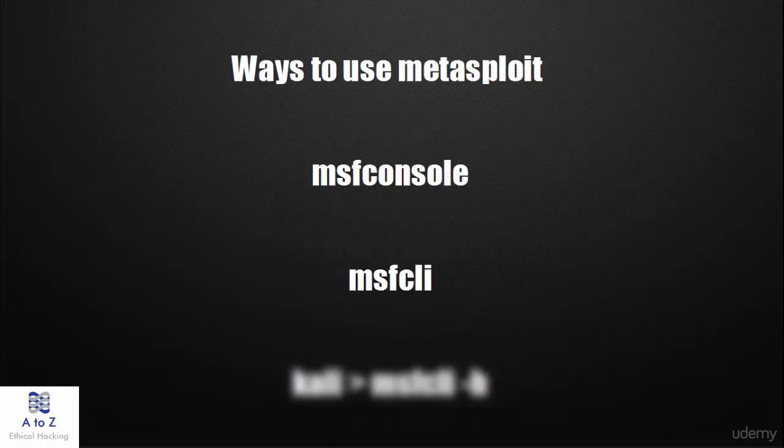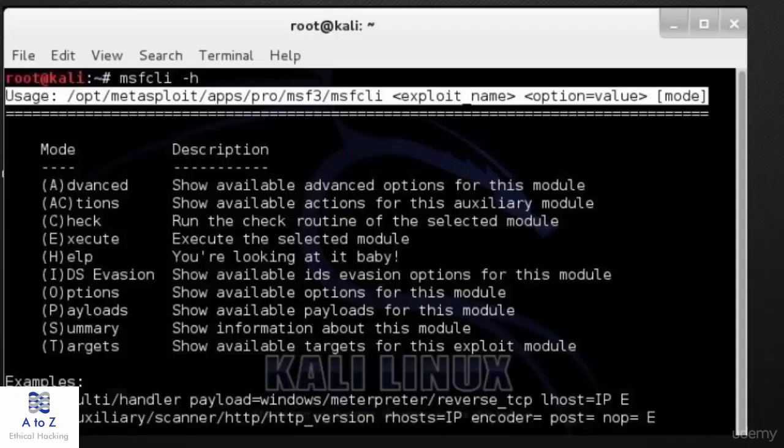The other one is msfcli mode. Although it appears that when we are in the console we are using the command line, we are actually using an interactive console with special keywords and commands. From the msfcli, we are actually using a Linux command line. For the help screen, you just type msfcli -h.